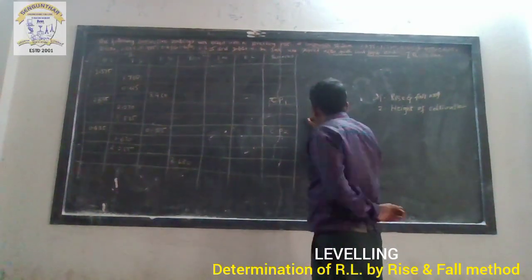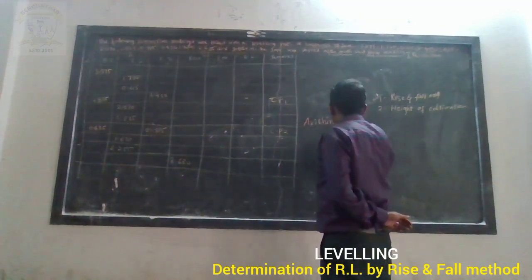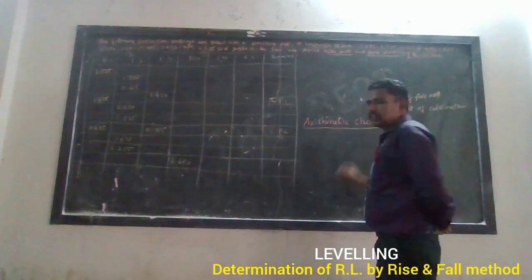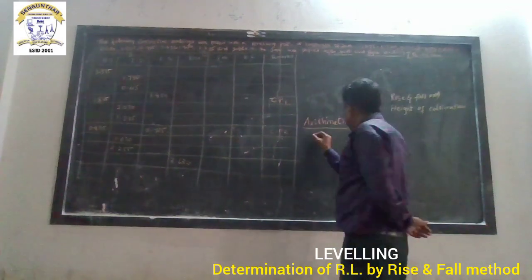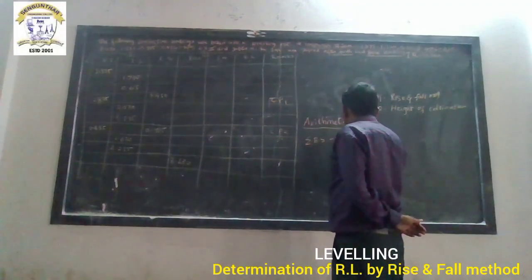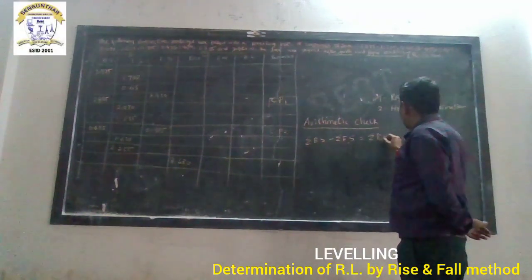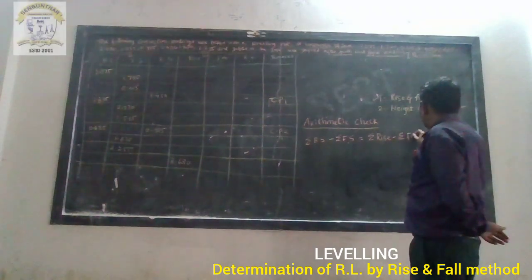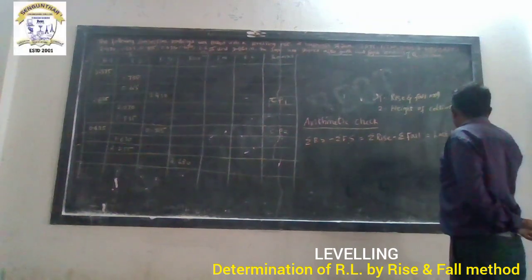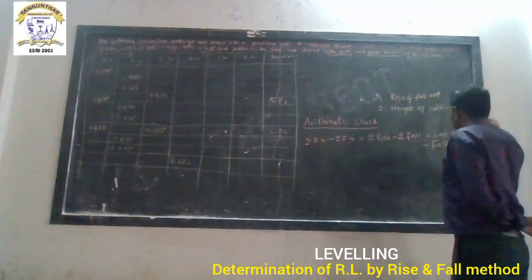In this particular method, there is one arithmetic check to find out whether the result is correct or not. The formula is summation of backsight minus summation of foresight, which is equal to summation of rise minus summation of fall, which is equal to last RL minus first RL.